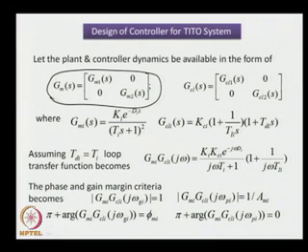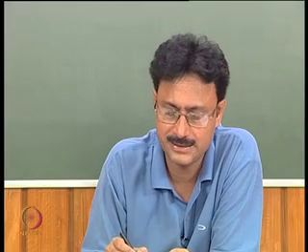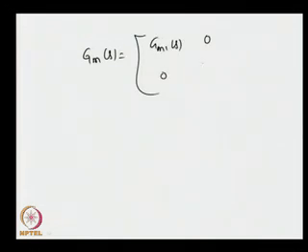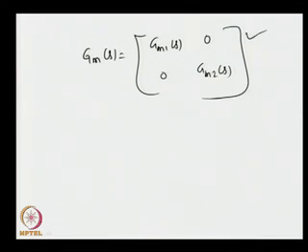So, the TITO process dynamics is given by a transfer function matrix often known as transfer matrix given as GMS equal to GM1S 0 0 GM2S. Thus, we get one diagonal transfer function matrix for the TITO system.